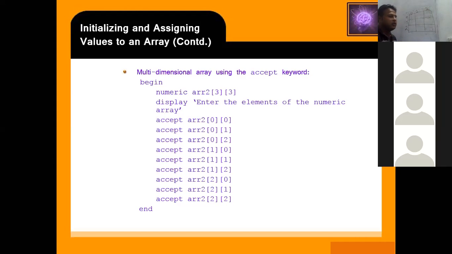So it is 0 0, 0 1, 0 2, 1 0, 1 1, 1 2, 2 0, 2 1 and 2 2. Okay, so it is the way of defining your column values, 3 rows and 3 column values.